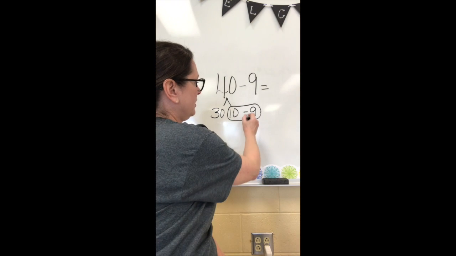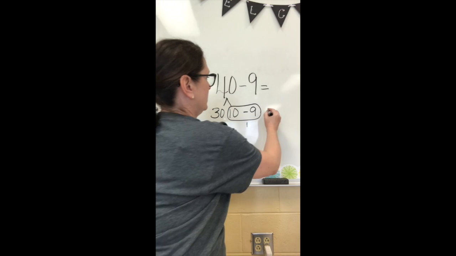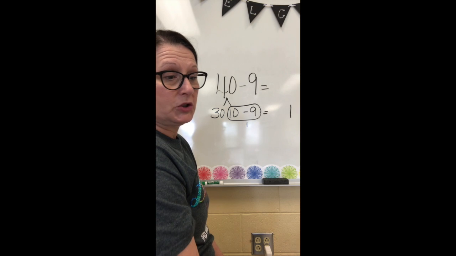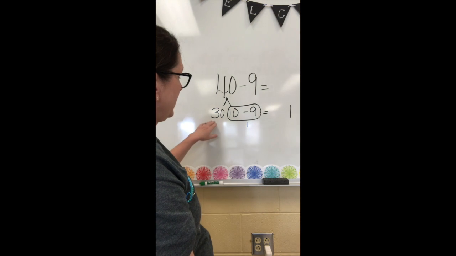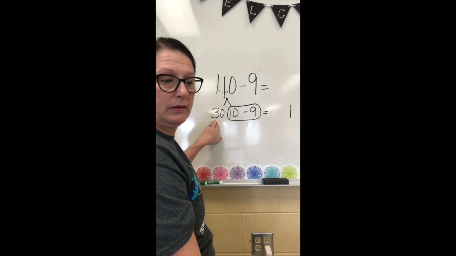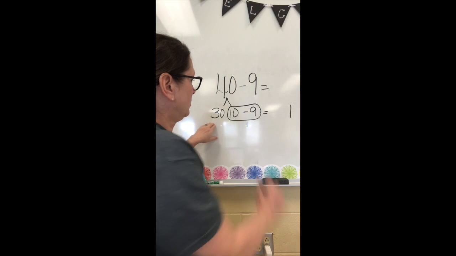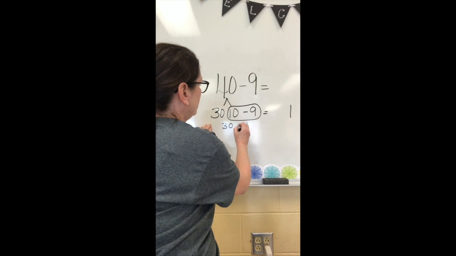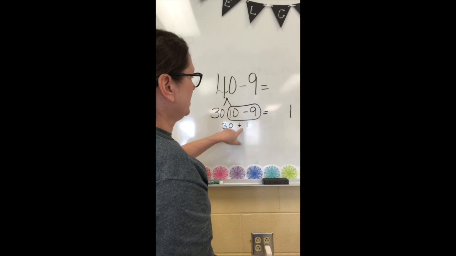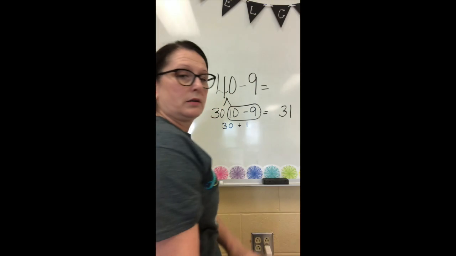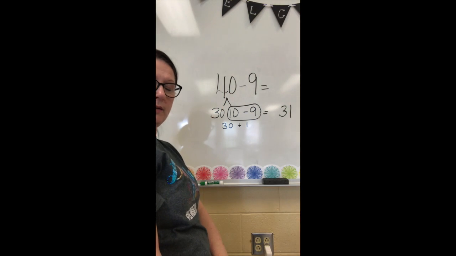Okay, that gives me my 1, right? So that 1 goes in the ones column. Now I have to check and see what I have left over here. Well, I have 30. Okay, that's 3 10s. So what we really have here is 3 10s, or 30, plus 1 left over here in the ones column, or 31.